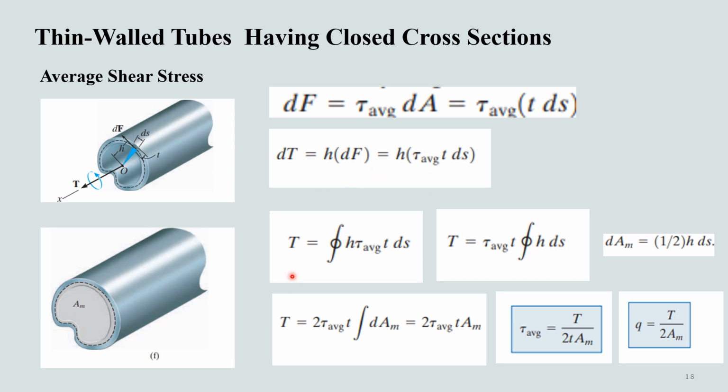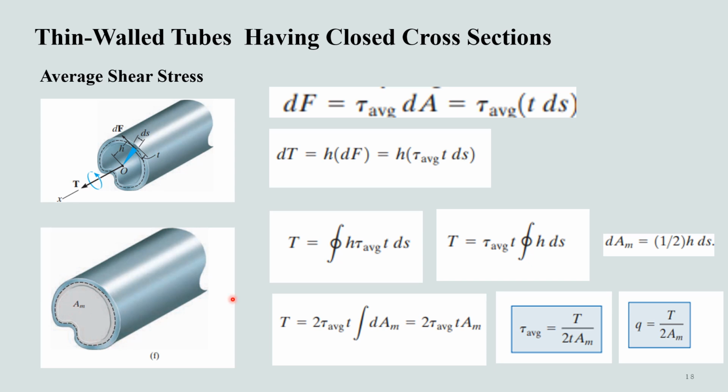For the entire cross section, we have to take a line integral around this boundary. Here the line integral indicates that the integration must be performed around the entire boundary of the area.